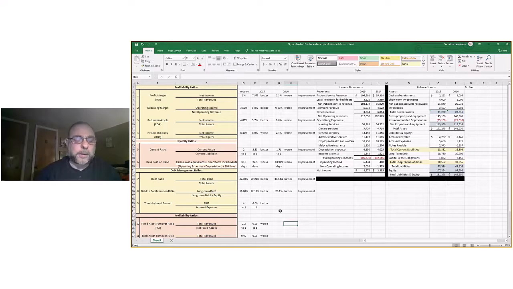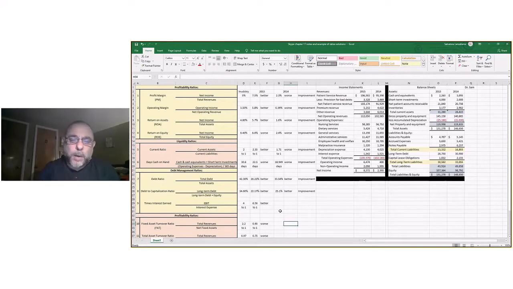Times interest earned. A lot of times when a small business is applying for a bank loan, a bank will run a series of financial ratios, probably even more than the 13 that we're doing here. And one of the ones that the bank is really interested in, along with all of them, but this one tends to peak out a little bit more than the rest, arguably, is times interest earned.